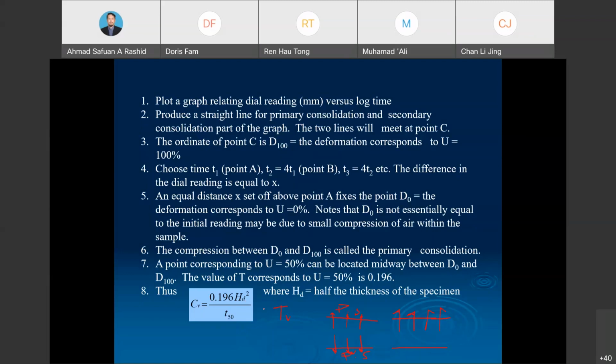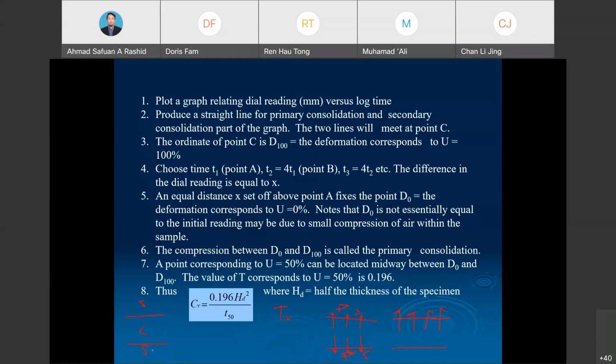So apa maksud kedua-dua keadaan ni? You just imagine in the actual condition, where the clay layer is overlain and underlain by a sandy soil. So kalau sandy soil, water can transmit or move, going out, going up and going down.